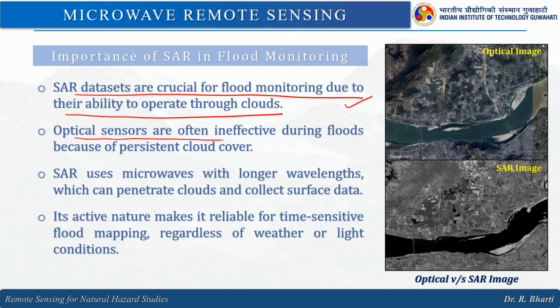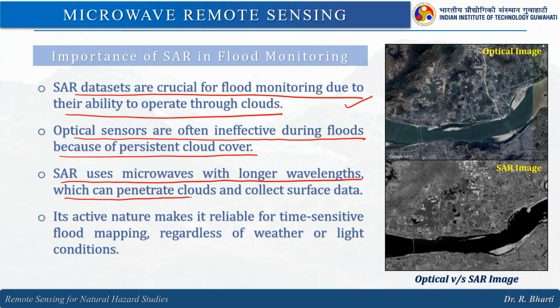Optical sensors are often ineffective during floods because of persistent cloud cover. As I said, SAR uses microwaves with longer wavelengths, right. Remember, we are talking about the longer wavelength and we are measuring the backscattered energy, which can penetrate clouds and collect surface data.